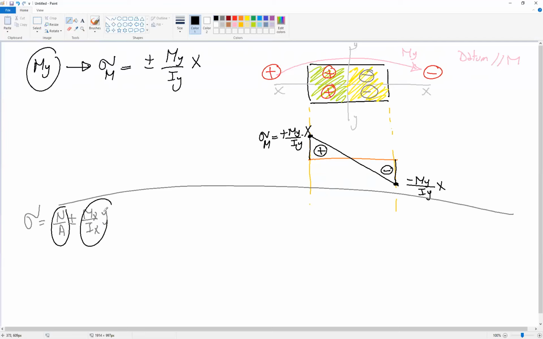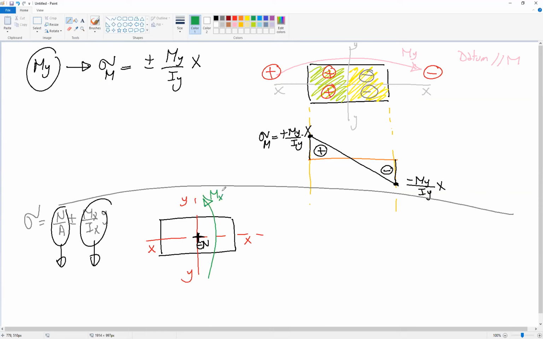If we divide it into two parts, just to illustrate for you, this is our cross section again, this is the x-axis, y-axis, and we have a normal force in the middle, a compression force, and we have an applied moment Mx in this direction.